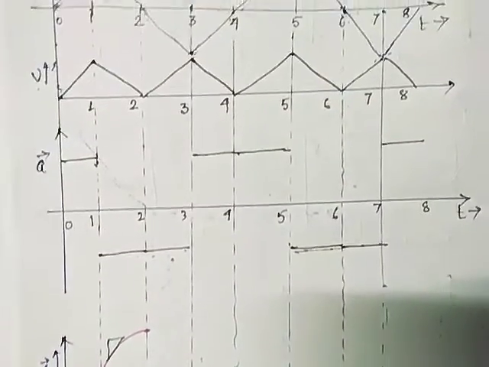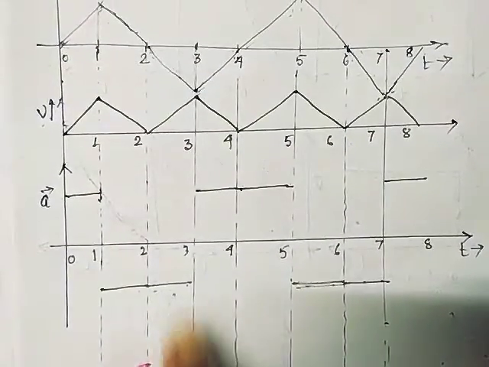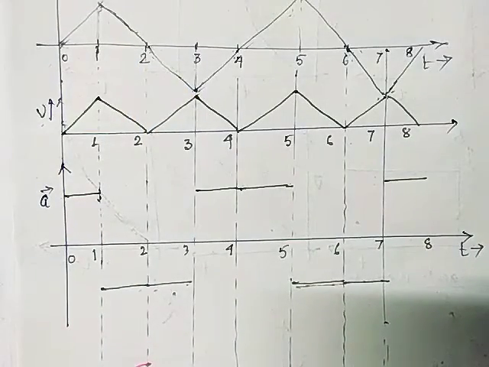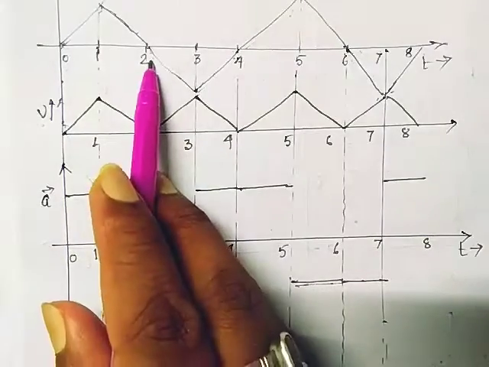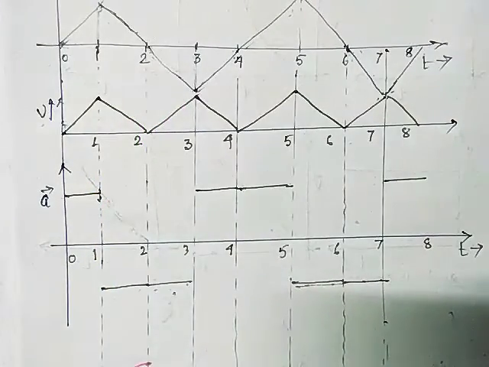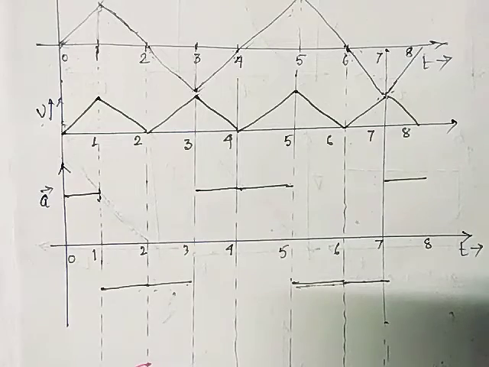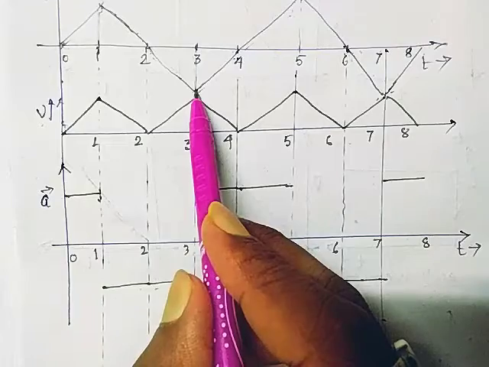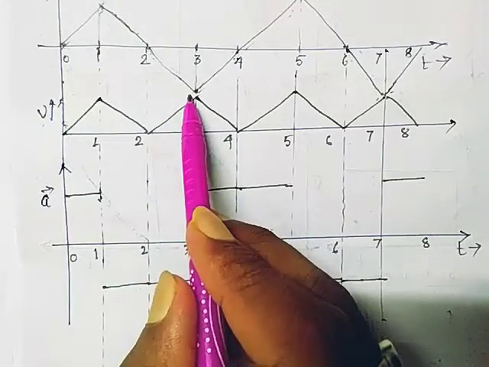Okay, now from 2 to 3, just look at this. From 2 to 3, how does it look? The velocity is continuously decreasing, and when it reaches 3, the velocity is not 0.